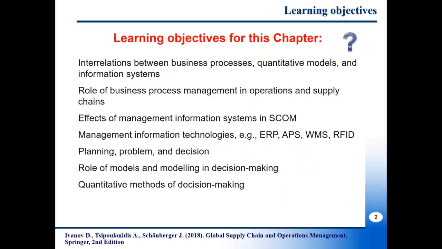The learning objective for the chapter is, first, to find the interrelations between business processes, quality models, and information systems.